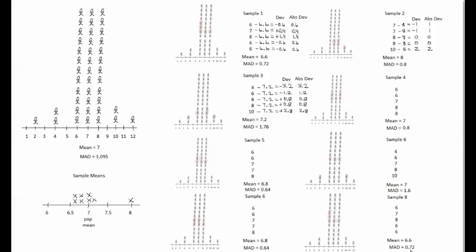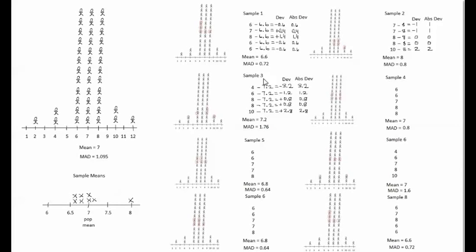Sample 8 has a mean absolute deviation of 0.72, and that's lower than 1.095. So sample 8 underestimates the population mean absolute deviation. So 0.72, 0.8, 0.8, 0.64, 0.64, and 0.72 are all lower than 1.095.